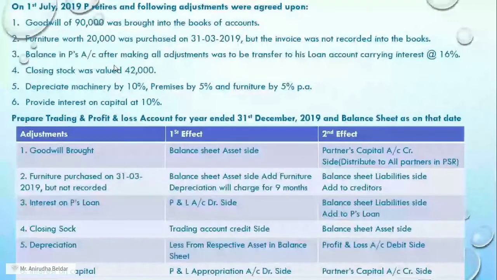So these are the effects of the adjustments. Goodwill brought in: the balance sheet asset side will record it and it will be distributed to all partners in the profit sharing ratio. Furniture purchased on 31st March: balance sheet asset side adds furniture, and depreciation will be charged for 9 months. Second effect: balance sheet liability side adds to creditors because it is not recorded in the books.